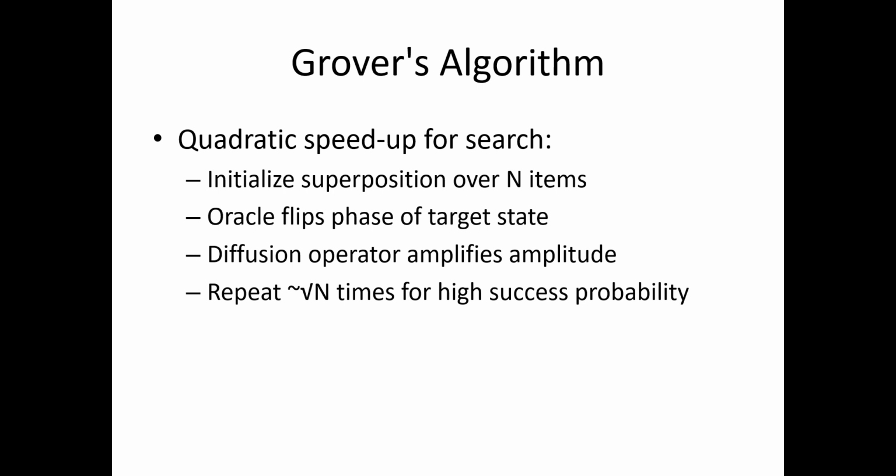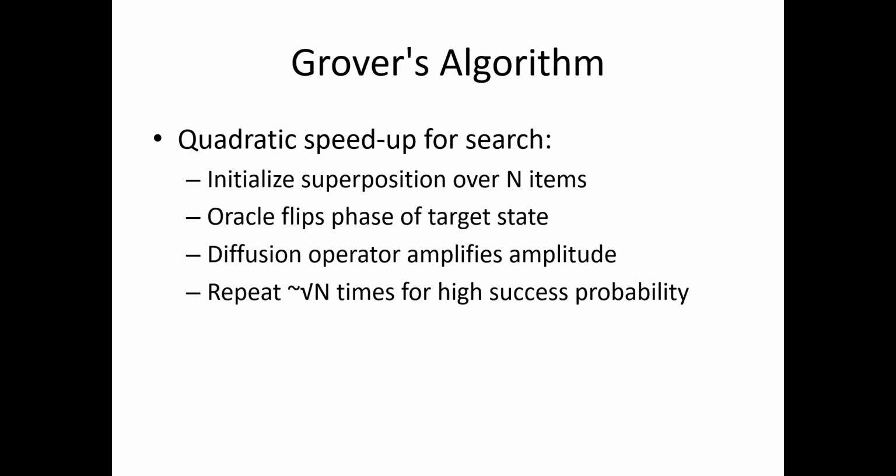Another landmark algorithm is Grover's algorithm, which offers a quadratic speedup for unstructured search problems. If you have n items in an unsorted database, classically it takes an average of n/2 and worst case n checks. Grover's can find the items in roughly root n quantum queries.